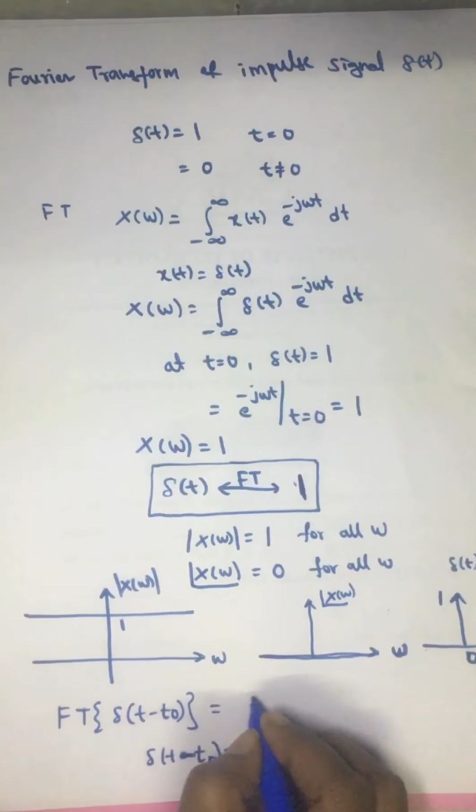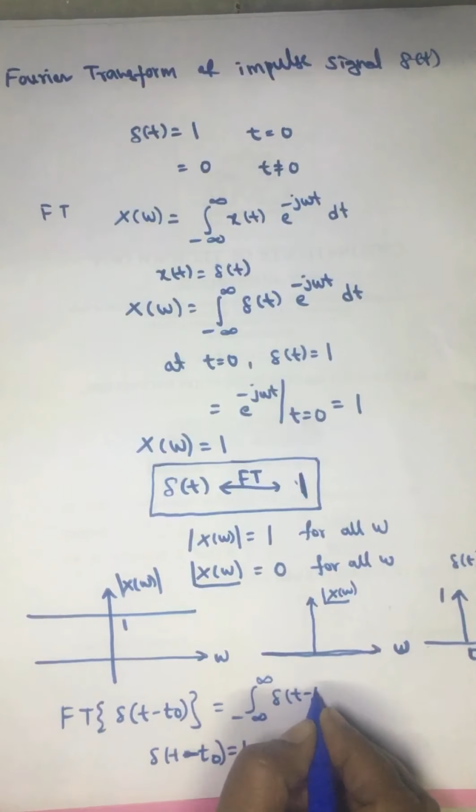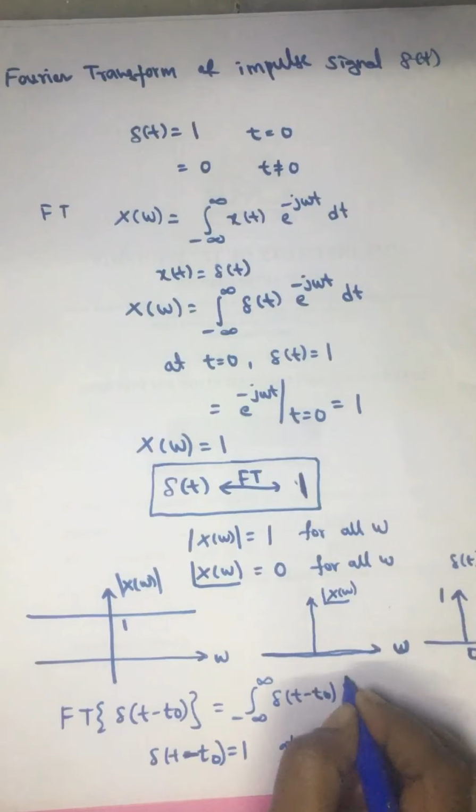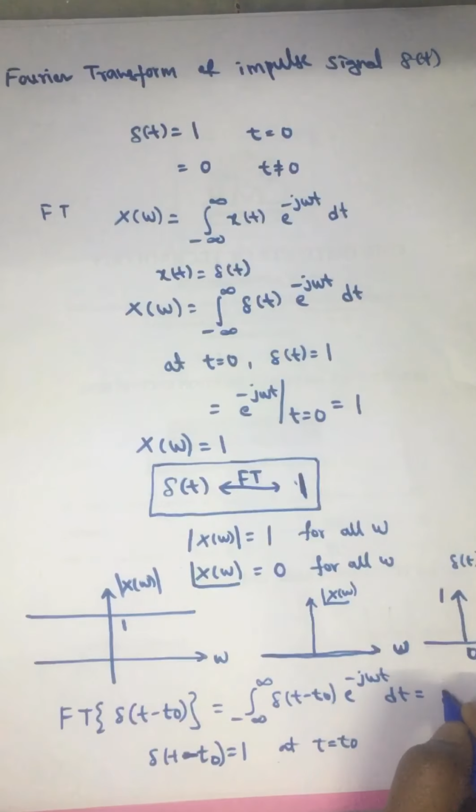So in this equation, the integral from minus infinity to plus infinity of δ(t - t0) e^(-jωt) dt has value 1 only at t = t0. So in the expression e^(-jωt), substitute t = t0. What do we get? It is equal to e^(-jωt0).